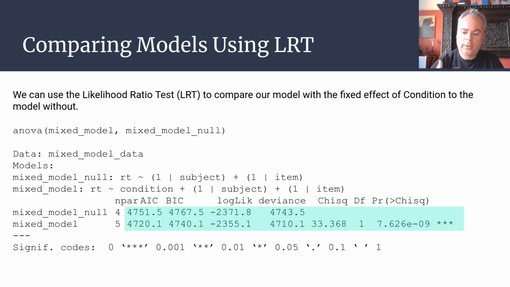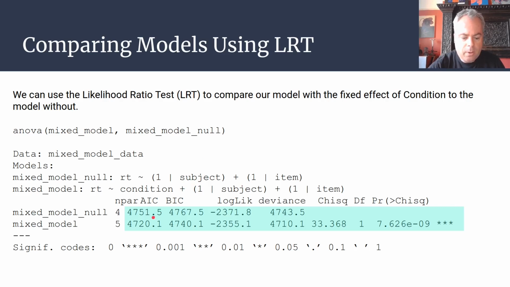So we can actually look to see whether or not the model with a fixed effect is better as a way of capturing our data than the model without the fixed effect. So we can use the ANOVA function with our two models that we've built, and that will conduct a likelihood ratio test comparing the two models to each other.